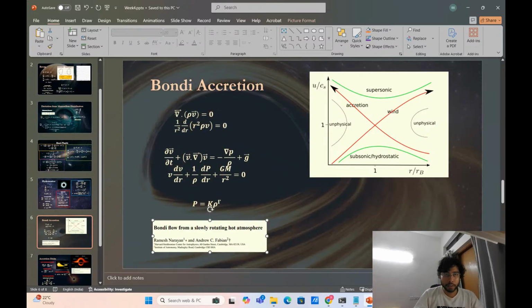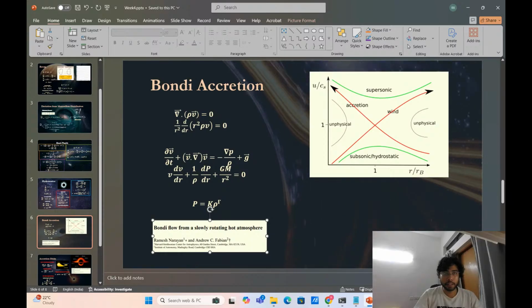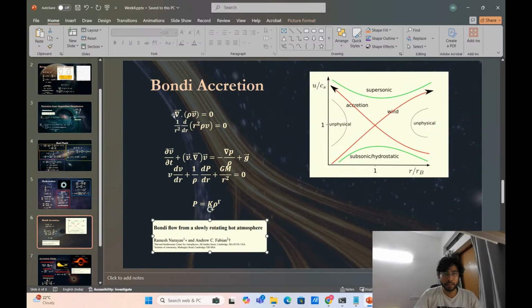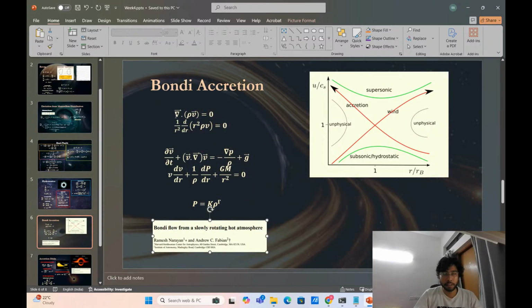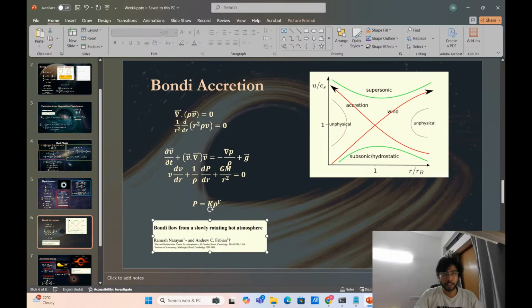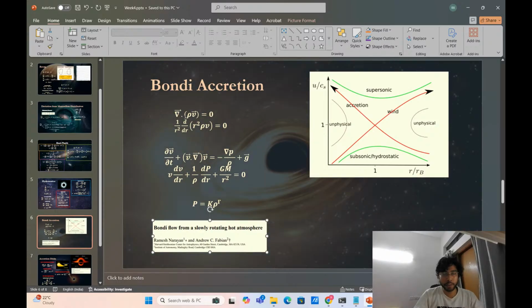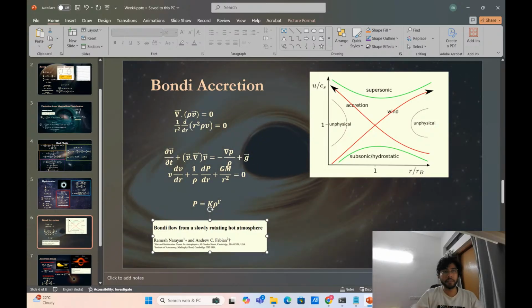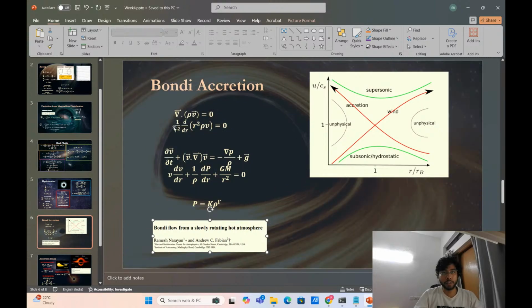But it can be explained by whatever we have studied till now, by the Euler equation and the continuity equation. This is the continuity equation, and since this is a spherical flow, we will try to do this in spherical coordinates.